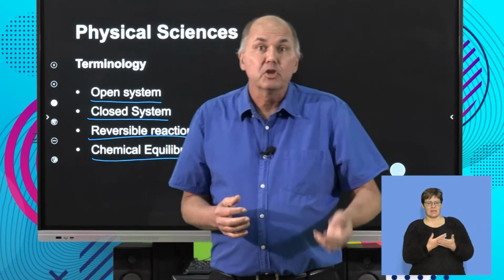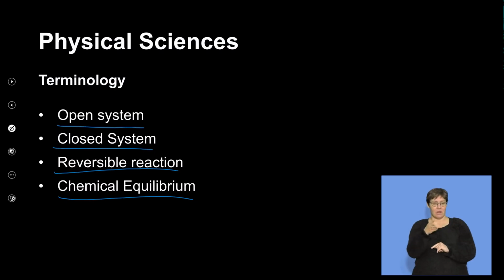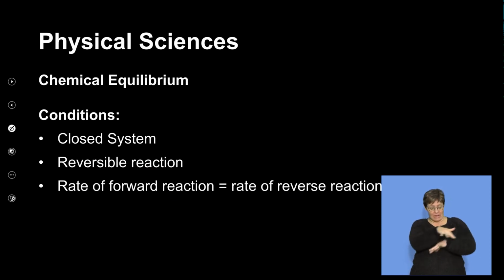Well, it means that the stuff that's in the system can escape. It's not bounded. So it could be something like a reaction where we're producing a gas. The product is escaping. It's not all there at the end. So when we talk about a closed system, it's contained. And so we need to recognize that the conditions for chemical equilibrium are that we need a closed system.